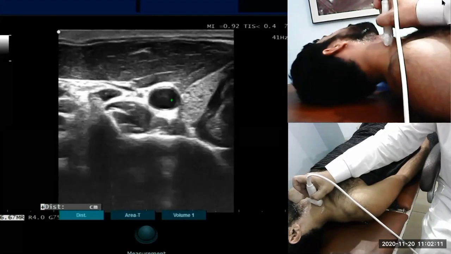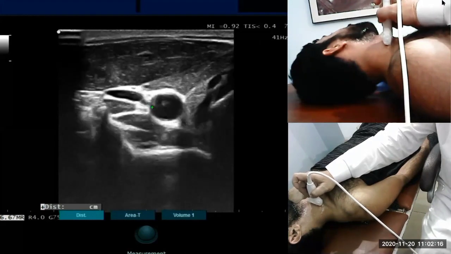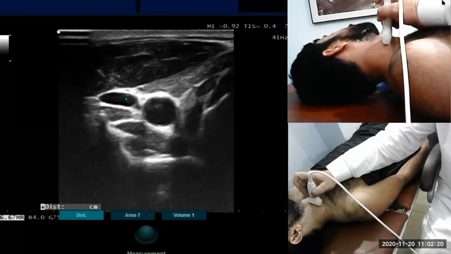This is the common carotid, and if I just release the pressure, I can see the internal jugular vein on the right side.